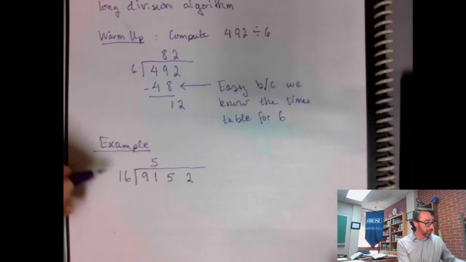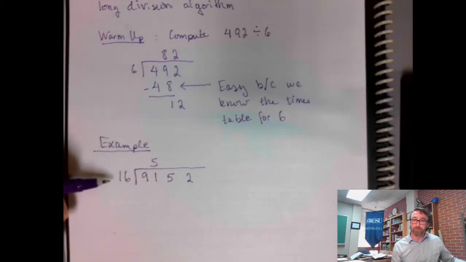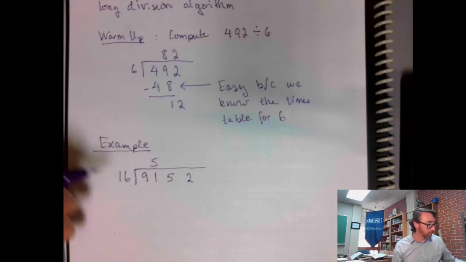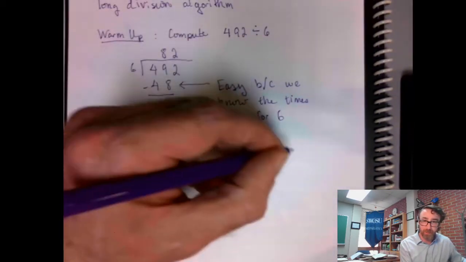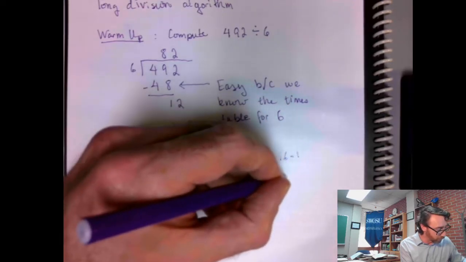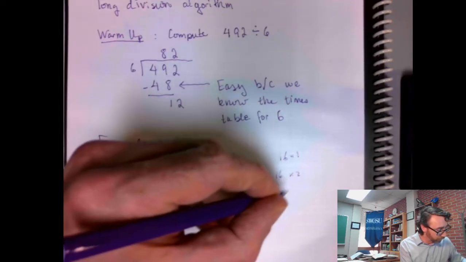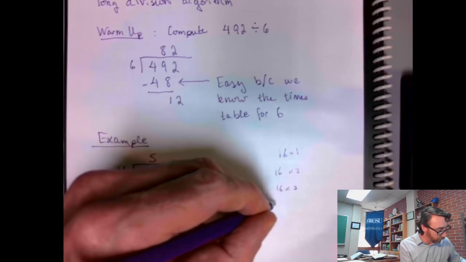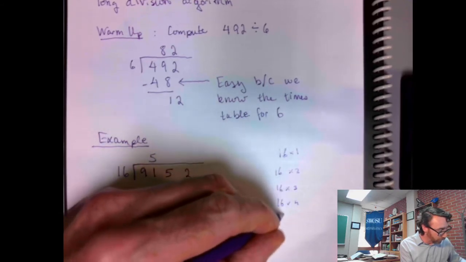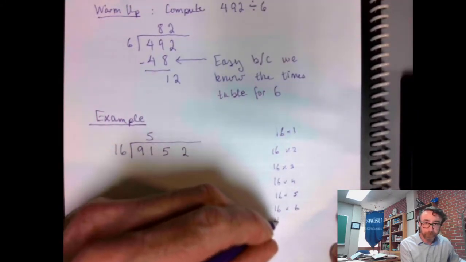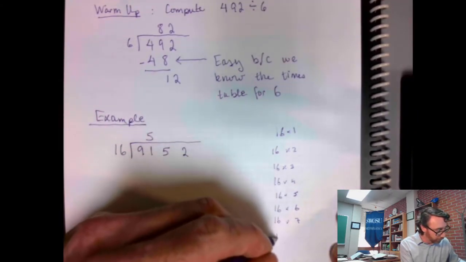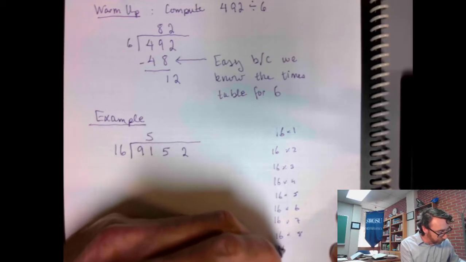Okay, so I'm having to do some kind of mental gymnastics there to deal with the 16. I'm having to think that out the whole time. In other words, basically what I'm creating in my head is almost this little times table for 16 here, right? 16 times 1, 16 times 2, times 3, times 4, times 5, times 6, times 7, times 8, and times 9.